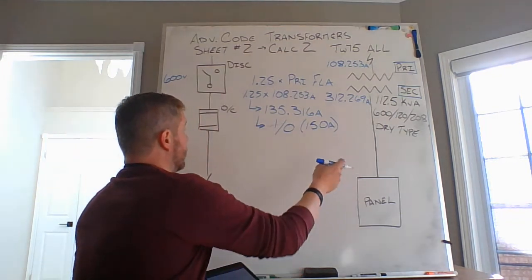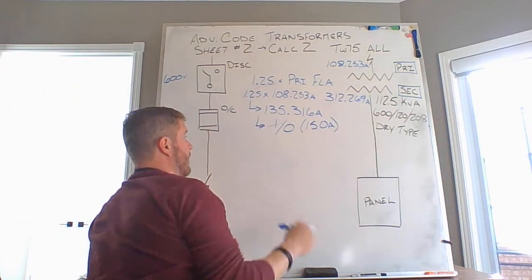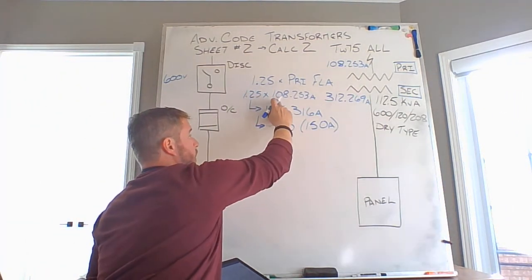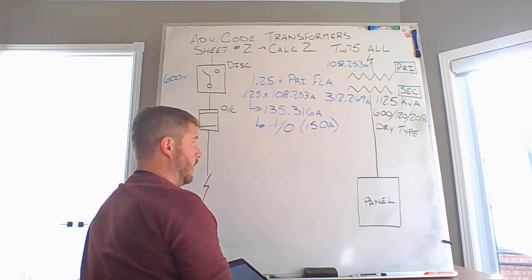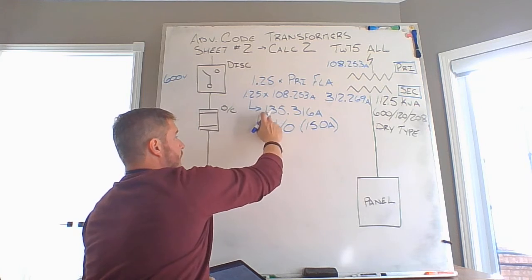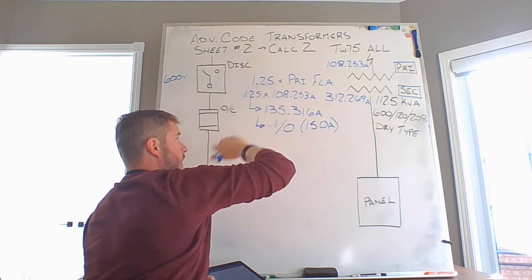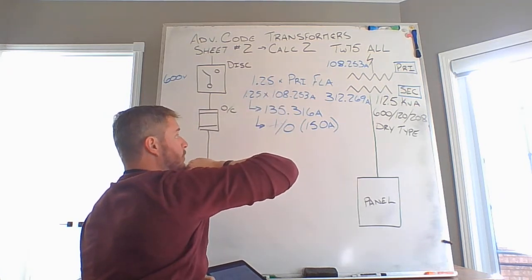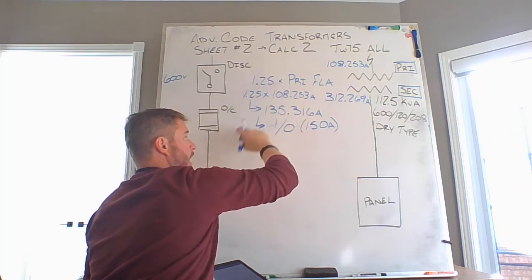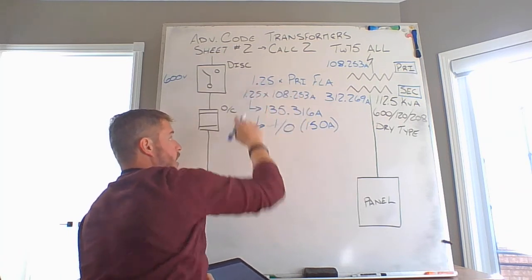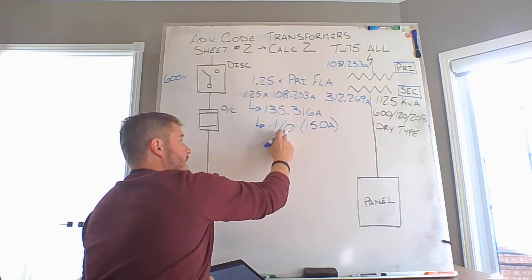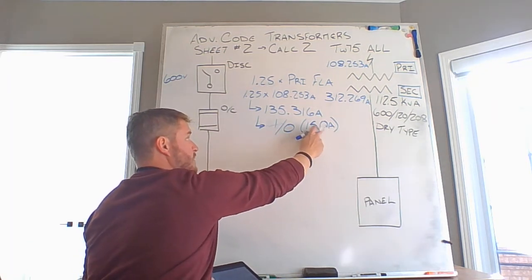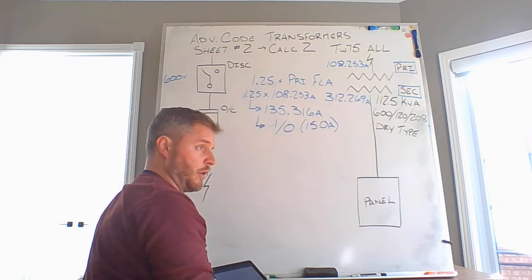So I can now look at that 125% multiplier based on my 108.253 amp primary rated current. Know that I'm expected to see no more than 108, but that's going to be a continuous load, so I now have to size my conductors based on 125% of the available ampacity on the primary side, and I end up putting in 1-aughts good for 150 amps when I calculate 135.316.